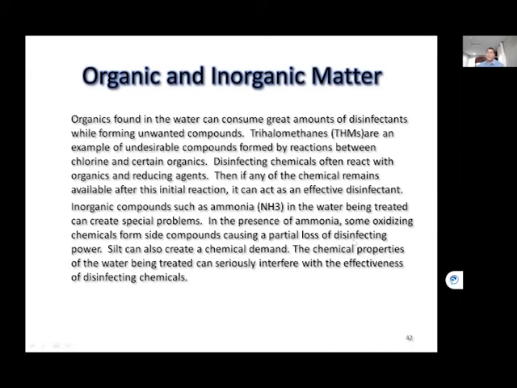Because if you have high levels of organic carbon getting through filtration, number one, it's going to put an intense chlorine demand on your chlorine addition. And in addition to that, you're going to form disinfection byproducts, which are carcinogenic to consumers.